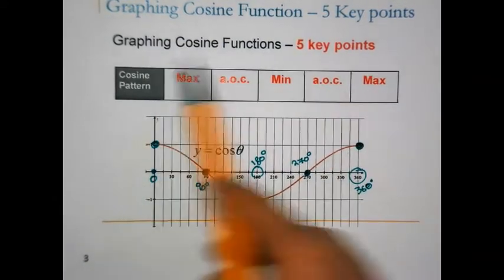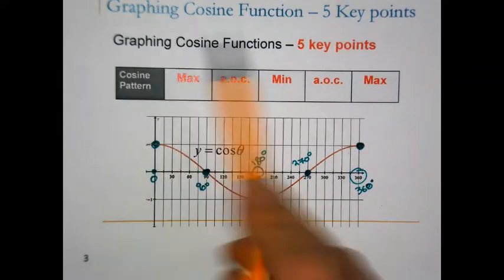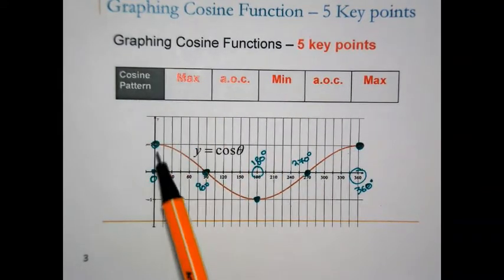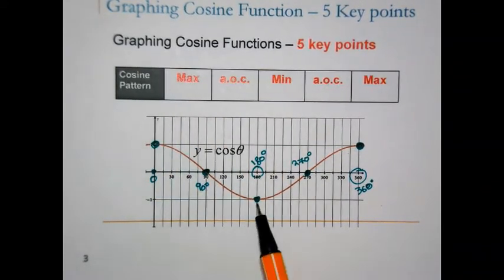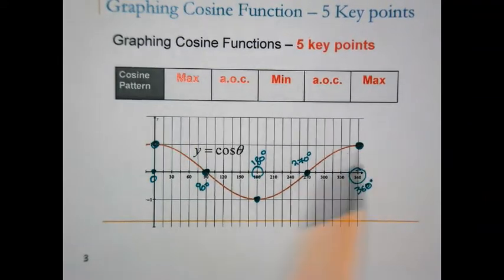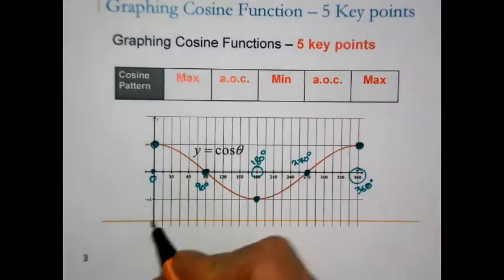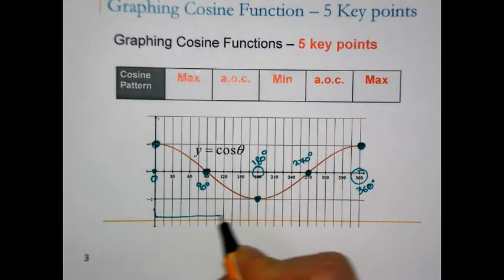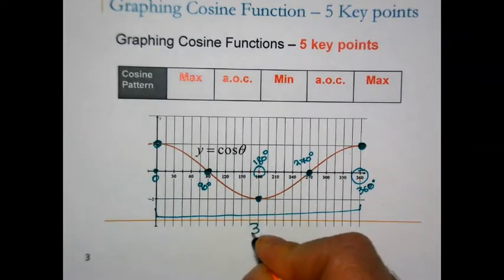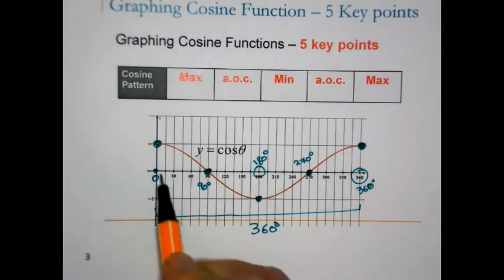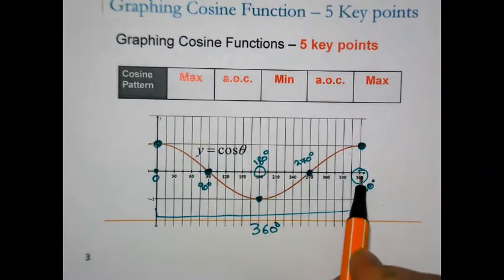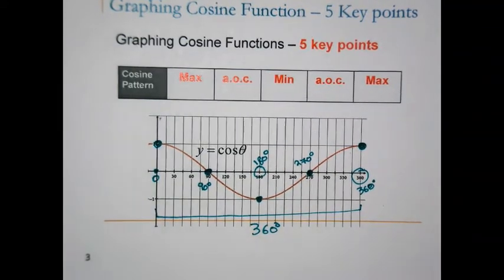So the pattern for graphing a cosine function is max, axis of curve, min, axis of curve, max. And for the basic cosine function, the period is 360 degrees. So these are the points where we are going to hit these values.